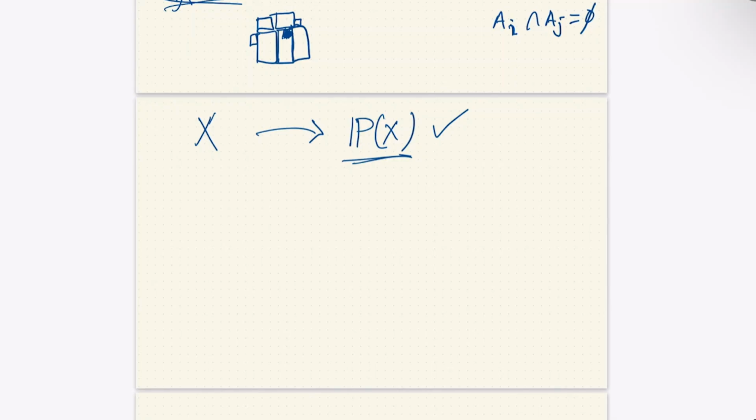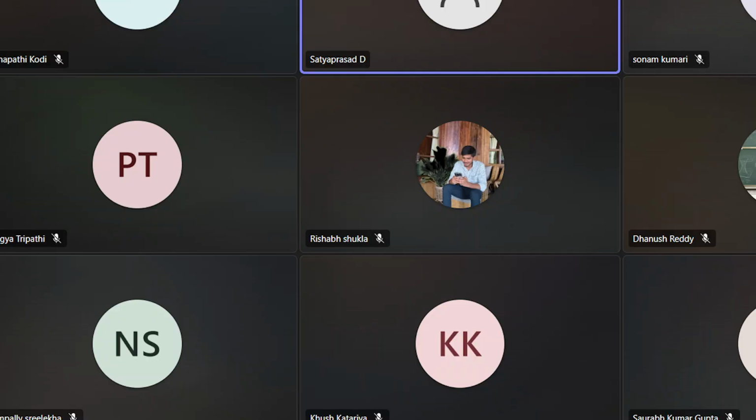So which notation are you using for sigma algebra? Sigma symbol, dash, and algebra. Okay, that is fine. I think it's disconnected or what?